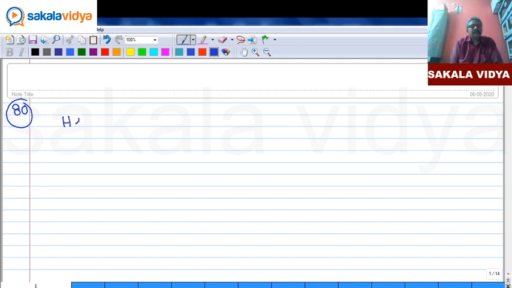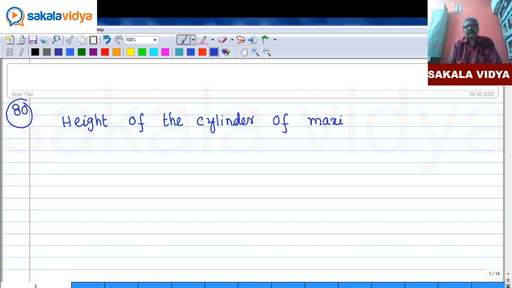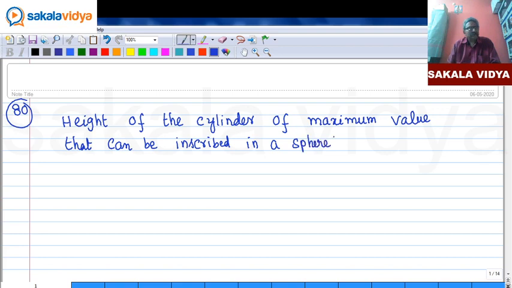Question 80: the height of the cylinder of maximum value that can be inscribed in a sphere of radius 12 centimeters is.